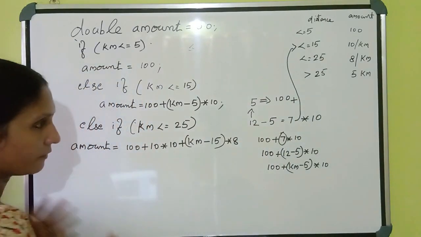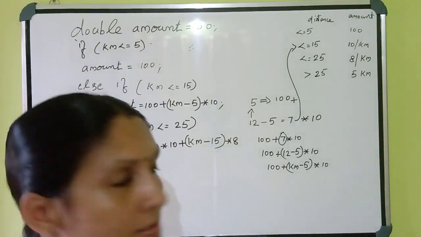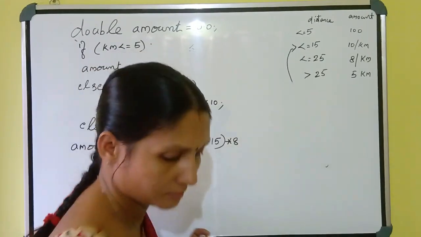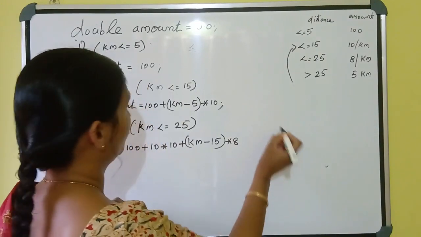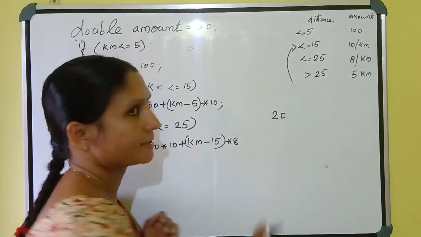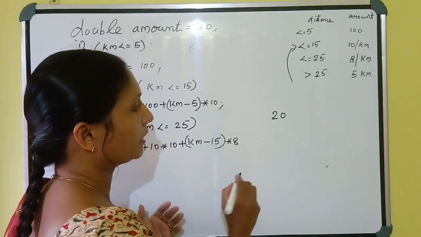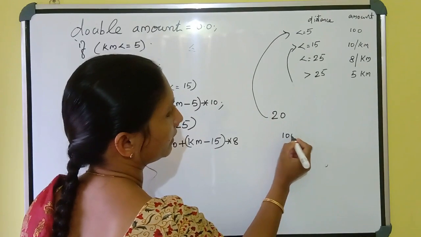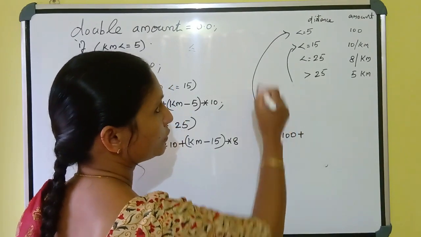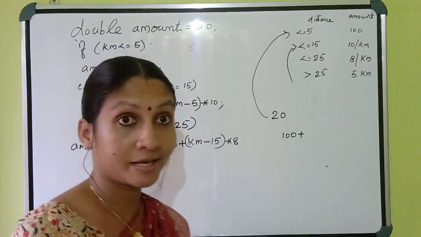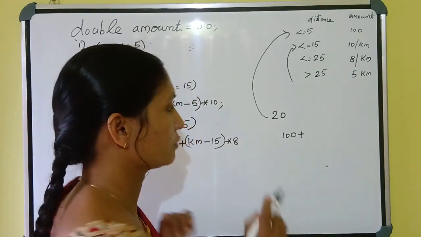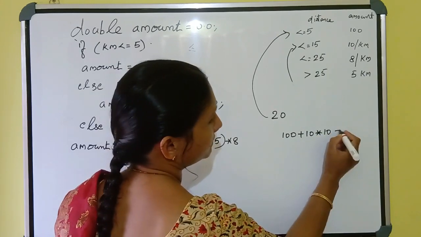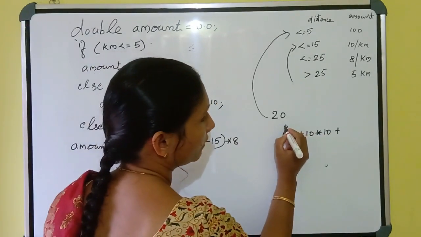8. See, once more I will explain with an example. See, for example, just imagine if your kilometer is 20. How can you calculate this one? This 20 includes this 5 kilometer. That means 100 plus, this 20 also includes inside that interval less than or equal to 15 also. That means next 10 into 10 plus, already we finished 5 and 10.